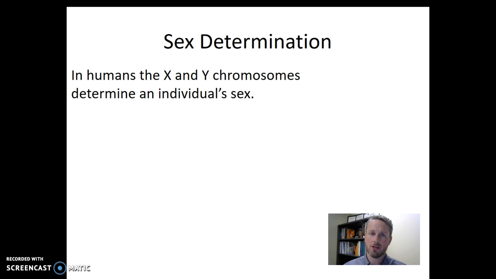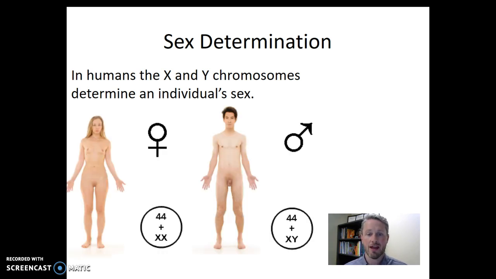I hope it's familiar to you that if a person is born with two X chromosomes, that person will develop as a female. But if a person is born with one X and one Y chromosome, they will develop as a male. So what sex we are is determined by our chromosomes, specifically the X and the Y chromosomes, and we call those the sex chromosomes.